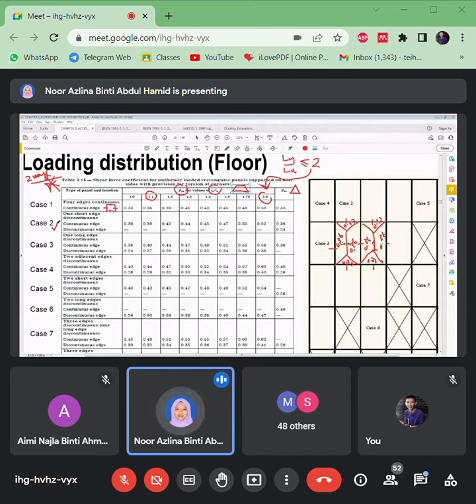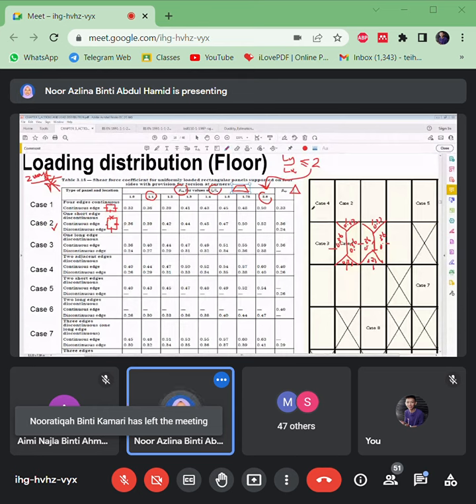Then look at case 2 here. One short edge discontinuous. That means the rest are continuous. Satu short je discontinuous. Buatlah simbol apa? Katalah buat cross. One short discontinuous, yang lain continuous.